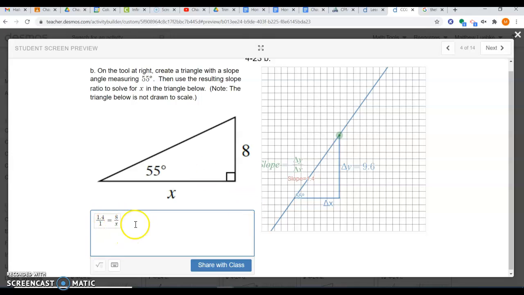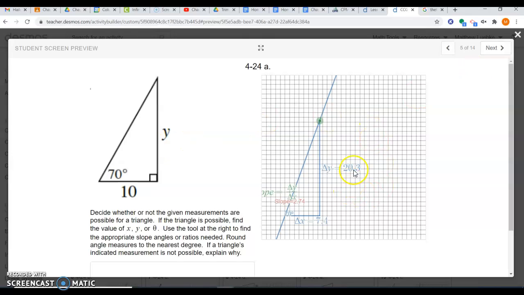I want you to set it up every time like this, or at least some variation of this, so I can see what slope ratio you're using and how your work could vary from person to person. Maybe somebody uses 1.43 or 1.44 and they're getting different answers. If I see the work, I can explain why you're getting different answers and how it's okay that you're getting different answers. Like I said, a lot of these problems are just like that.